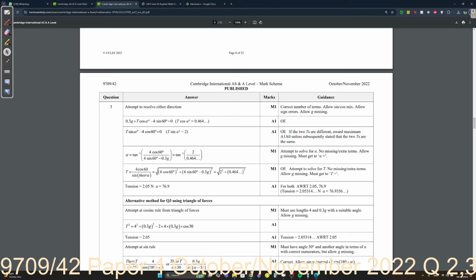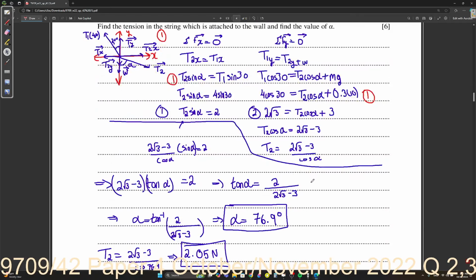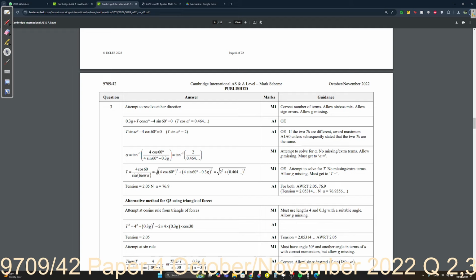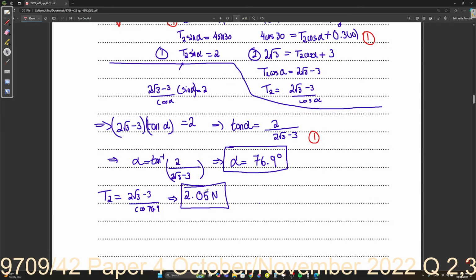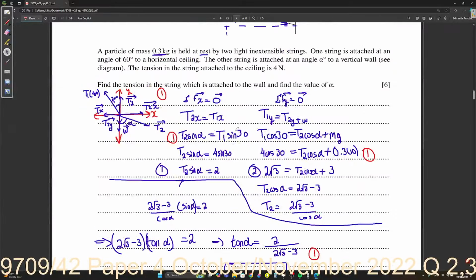You would get 1 mark for the shift tan part here, and then 1 mark for the answer. Then this, what we did to find T, you'd get 1 mark for this, and then for both answers correct, 1 mark. So that's how you guarantee your 6 marks.